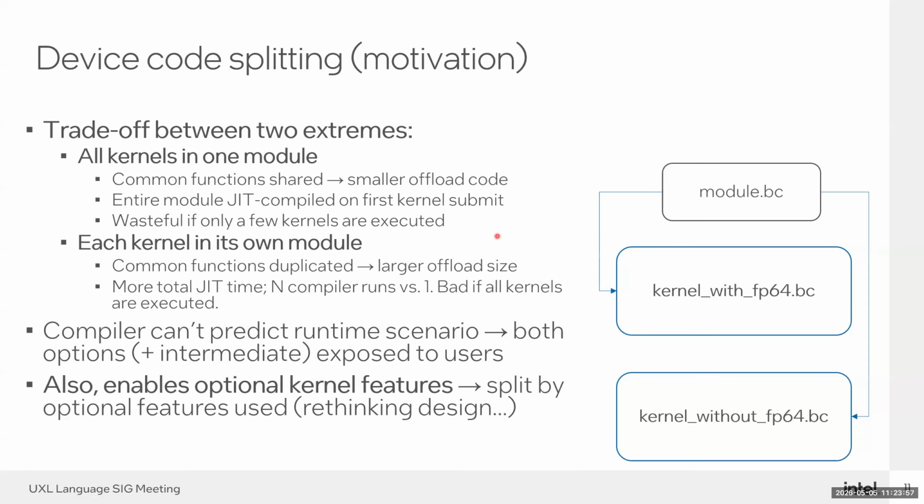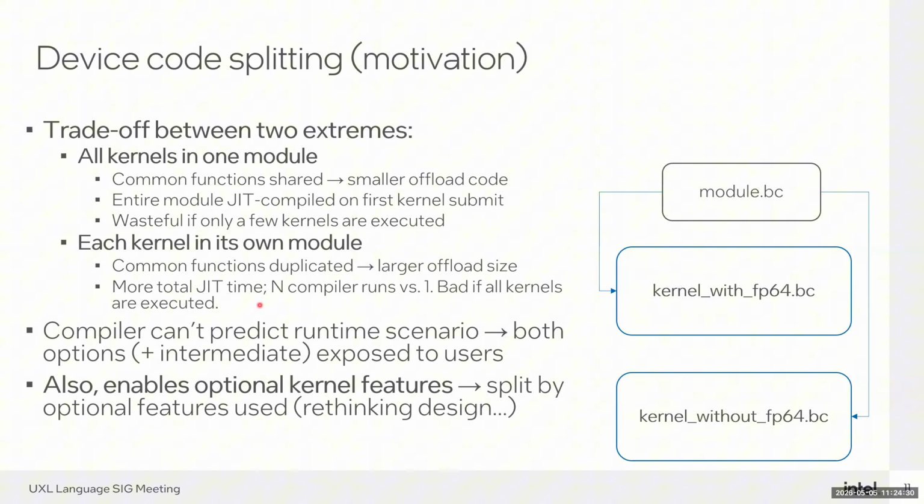If you are going to execute all kernels anyway, it might be beneficial to just compile a single big module, and actually compilation can be parallelized there as well. So when we are doing compilation and linking, we can't predict the runtime scenario, like what you would prefer, all kernels in one module or each kernel in its own module.